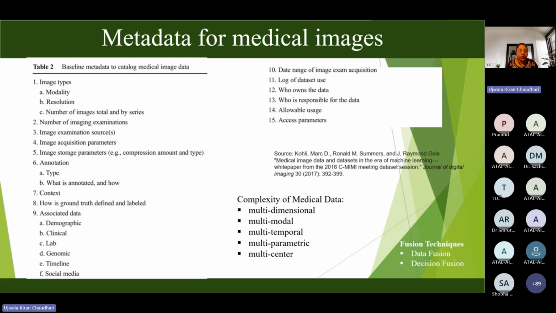We may require some kind of annotations. Annotations we can do by putting a border around the region, or maybe just drawing a line to cover that specific area. There are various ways of annotating the data. Here again, we take input from the clinical experts before we actually do the annotations.